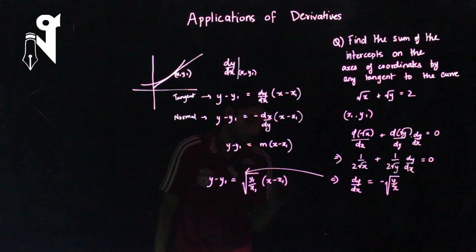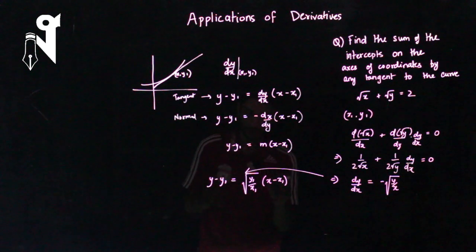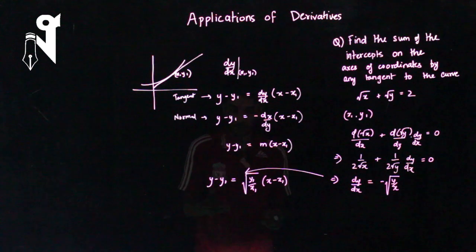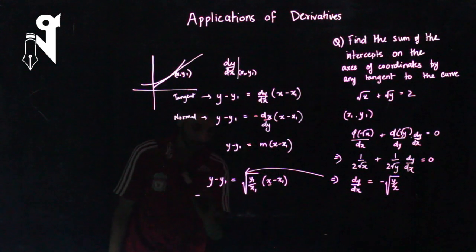So these are constants actually, I can't replace them. Constants meaning for a specific tangent they are constants, otherwise they do represent any point on the curve. Over here I want to find the intercepts of the tangent, so I'll substitute this variable x as 0 to get the y-intercept.